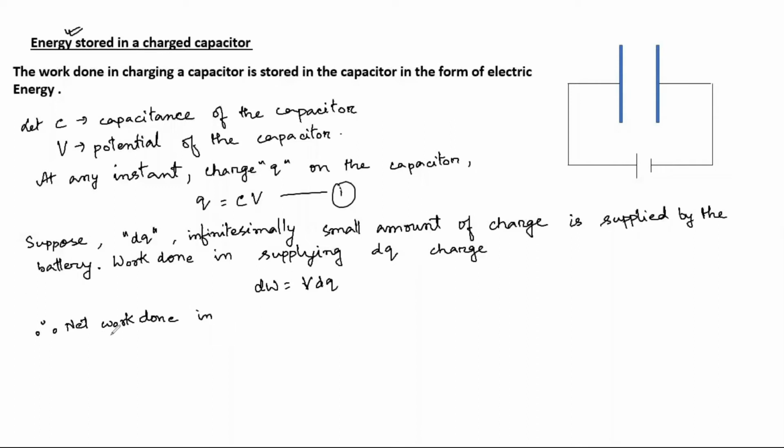Now the net work done in supplying Q amount of charge, so instead of writing small q you can write capital Q, this is the amount of charge supplied by this battery. So the net work done in supplying Q amount of charge to this capacitor.